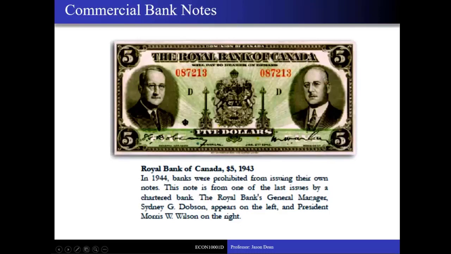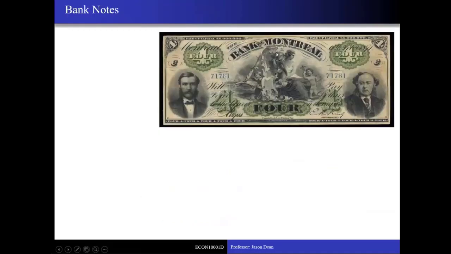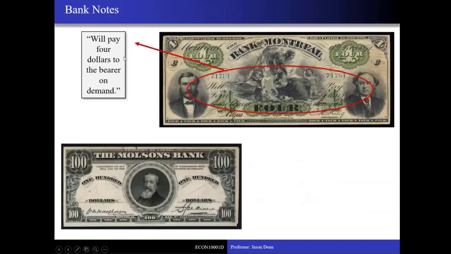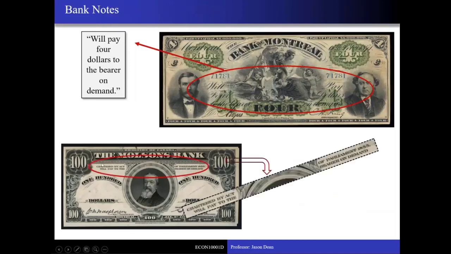And this is one of the last issues of the Royal Bank. This is an example of one from the Bank of Montreal. Again, it always has on there somewhere, in this one, we'll pay $4 to the bearer on demand. This is an example from the Molson's Bank. And it says that whoever's holding this is eligible to the gold that the bank would have for them.